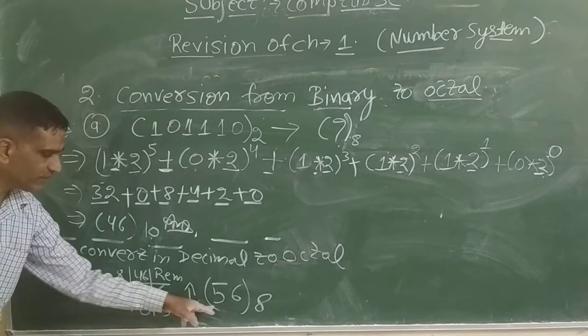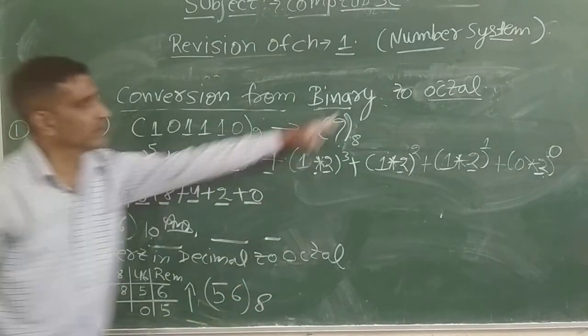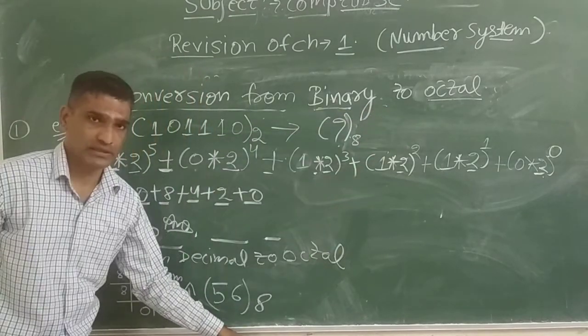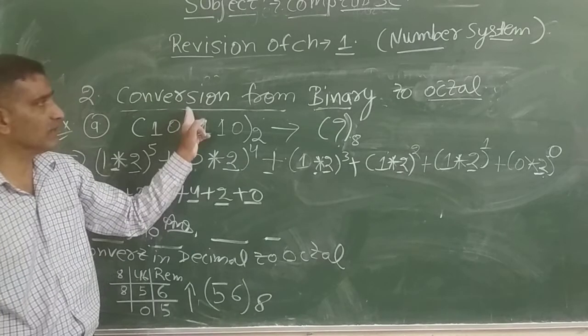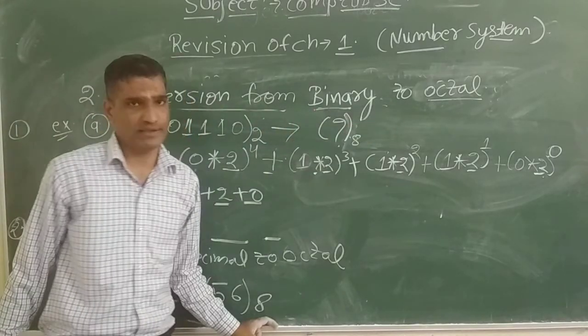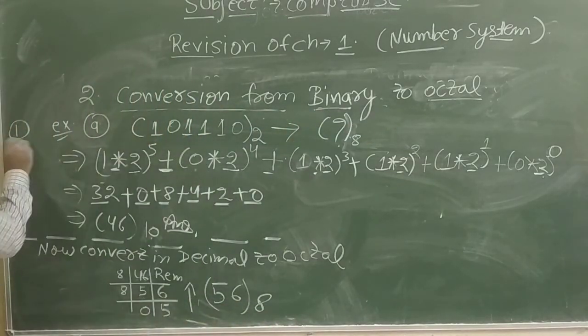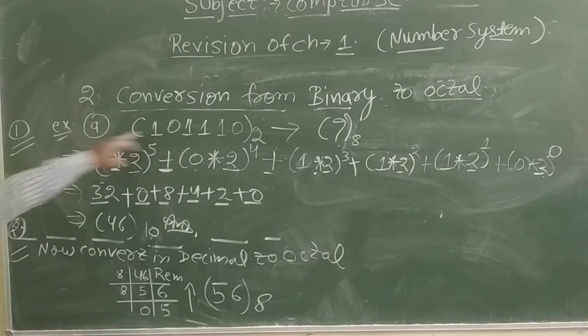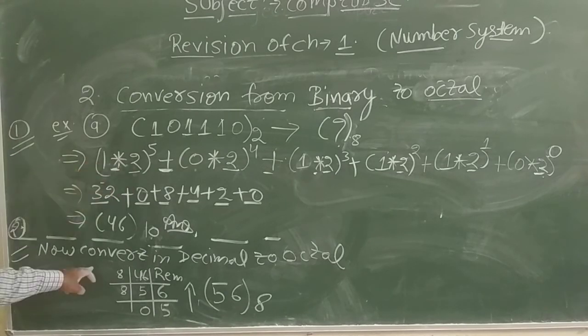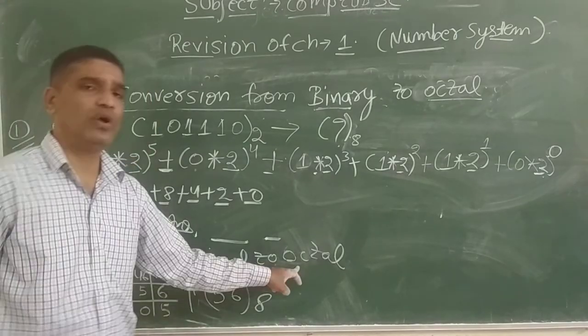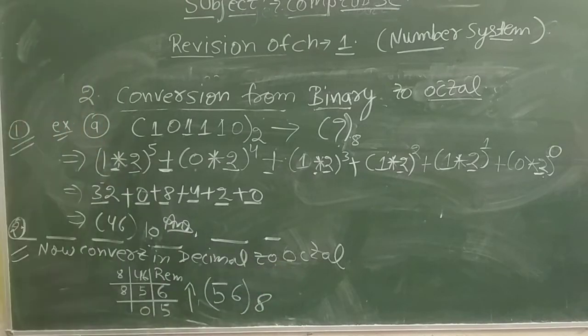Now the answer we get is 56 in octal form. So we have to convert binary to octal number. But listen, we have to solve this question in 2 forms. First of all, we change binary, and after this binary we change to decimal to octal number. Okay.